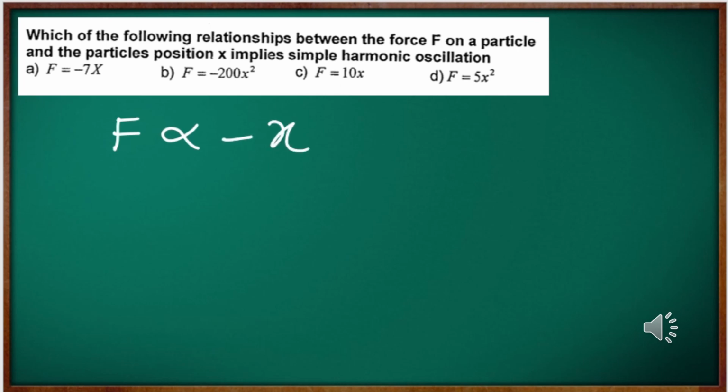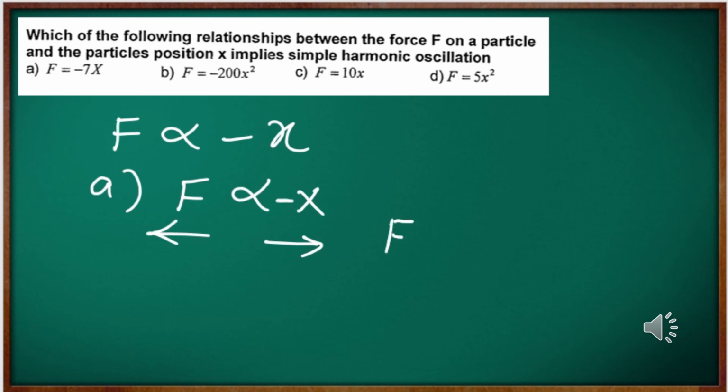Here, if we observe the options, option A seems to be correct because it shows force is directly proportional to the displacement and it always acts in the opposite direction to the displacement. So F equals minus 7x is the correct answer.